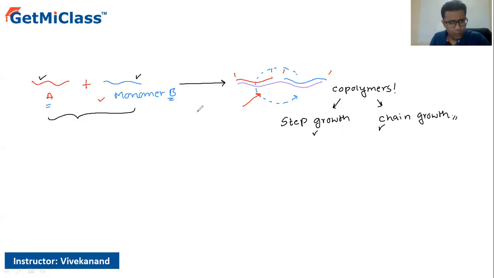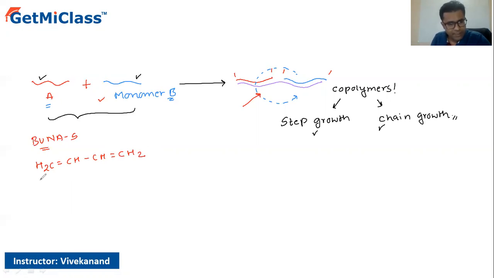Now, let's observe an example. For this case, I would like to take into consideration Buna S. Buna S is formed through two different monomers indeed. Those are CH2=CH-CH=CH2.